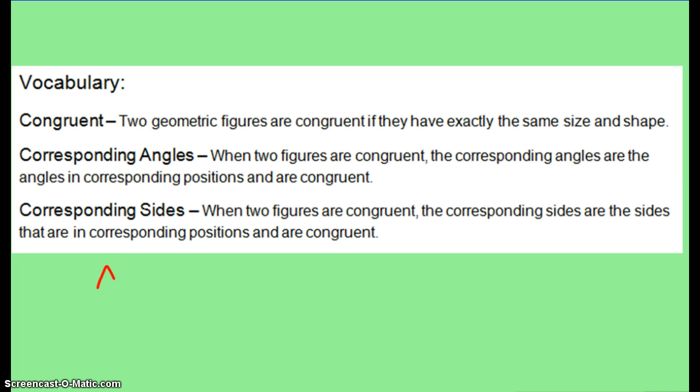So let's say triangle ABC is congruent to triangle DEF. We can say that A and D are corresponding angles, B and E are corresponding angles, and C and F are corresponding angles. Corresponding sides, same thing. AB corresponds to DE, BC corresponds to EF, and AC corresponds to DF.